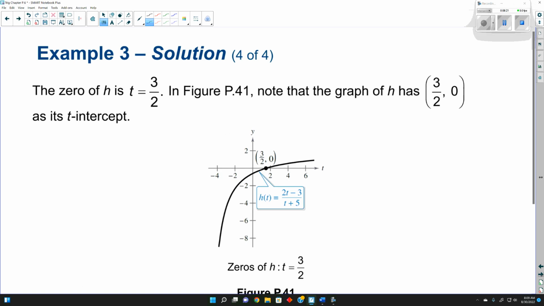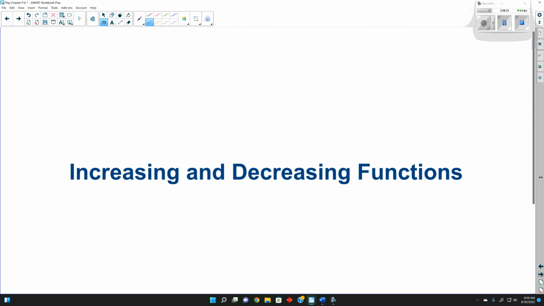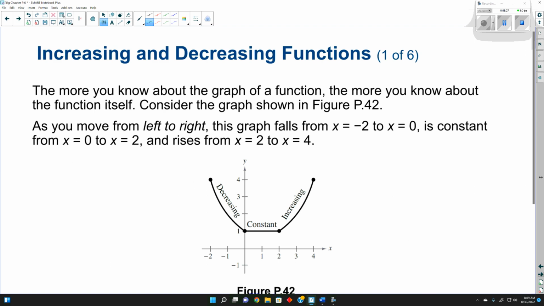And we get this here. Increasing and decreasing. We'll look at this next. So you may know about graphs of functions and the function itself. The more we know about the graph, the more we know about the function itself. So if we look at this here, it's increasing, decreasing, and constant.